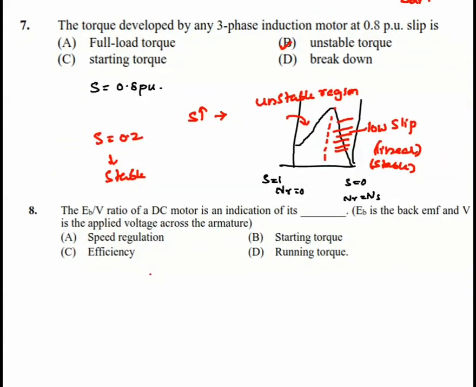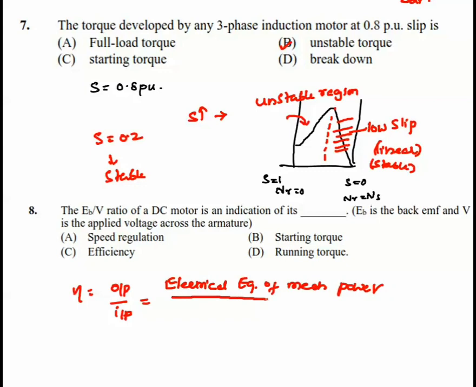And the next question on the screen is the 8th one. The EB by V, that is back EMF by supply voltage, ratio of a DC motor, is an indication of dash. Normally efficiency is given by output power divided by input power. Here the output is the electrical equivalent of mechanical power, because it's a motor, divided by the supply, which is electrical power.